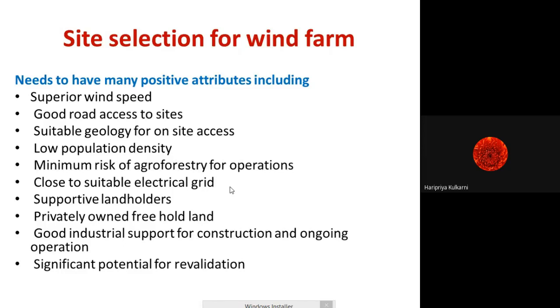So when we develop the wind farm, industrial support should be there, because various components are required. Then testing, validation, failures, everything we have to take care of, and significant potential for revalidation. So these are the various points for selection of the site.